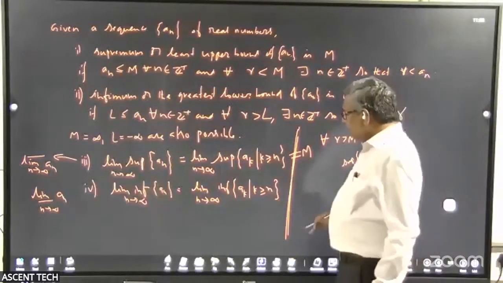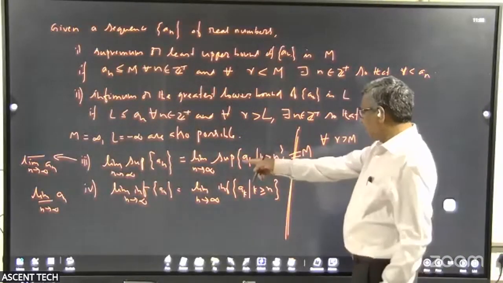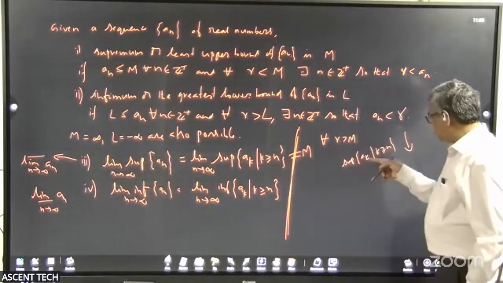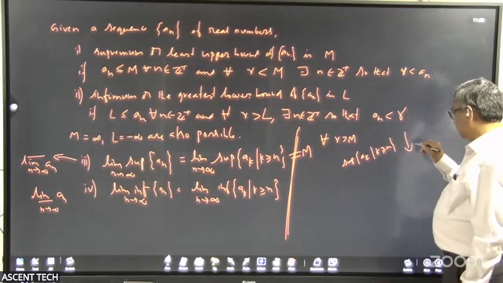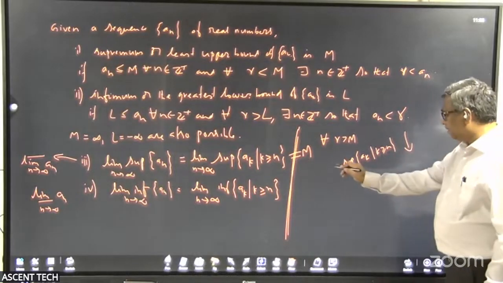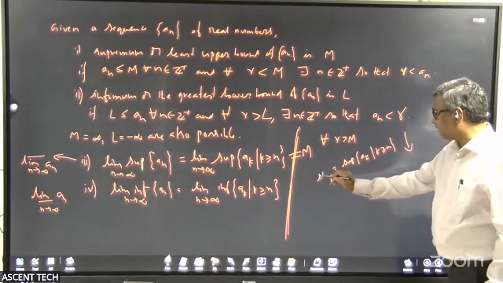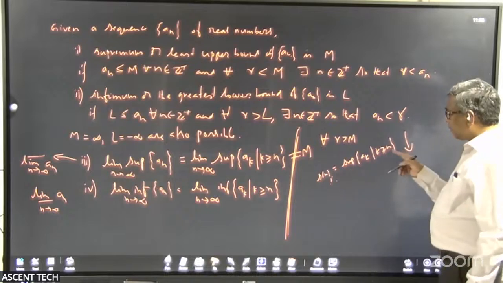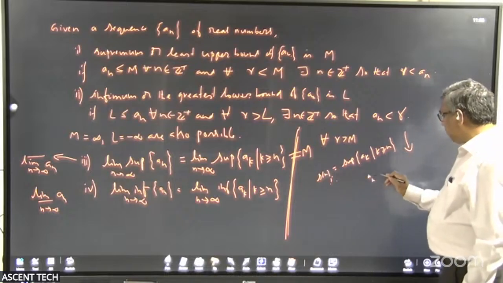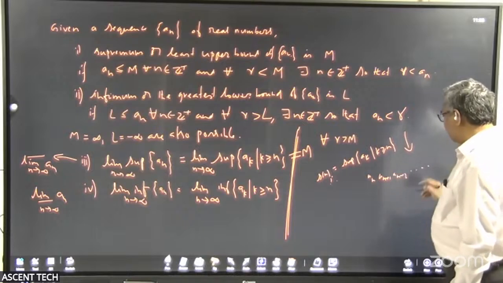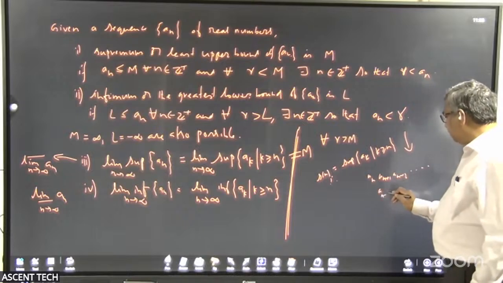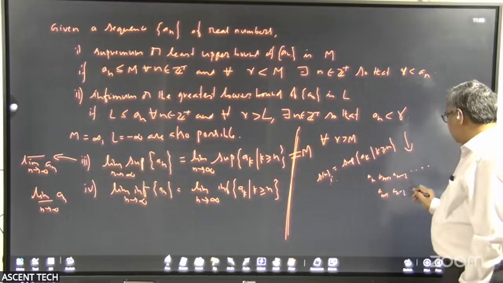See, that's what happens. First, you notice that the supremum is a decreasing sequence. This is an expression involving n, right? S_n is decreasing because I'm looking from A_{n+1}, A_{n+2}, and so on, and the next one I am looking at A_{n+2}, and so on.